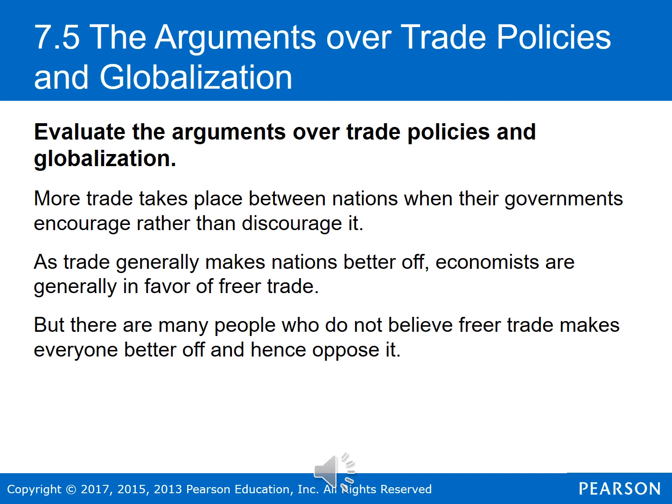And trade between countries generally makes people better off because these are voluntary exchanges, they're mutually beneficial. So both parties, the seller and the buyer, are able to make themselves better off because they're getting something of greater value than what they're giving up. So in general, trade between nations makes both nations better off. And that's why economists are generally in favor of free trade and a freer trade than we currently have.